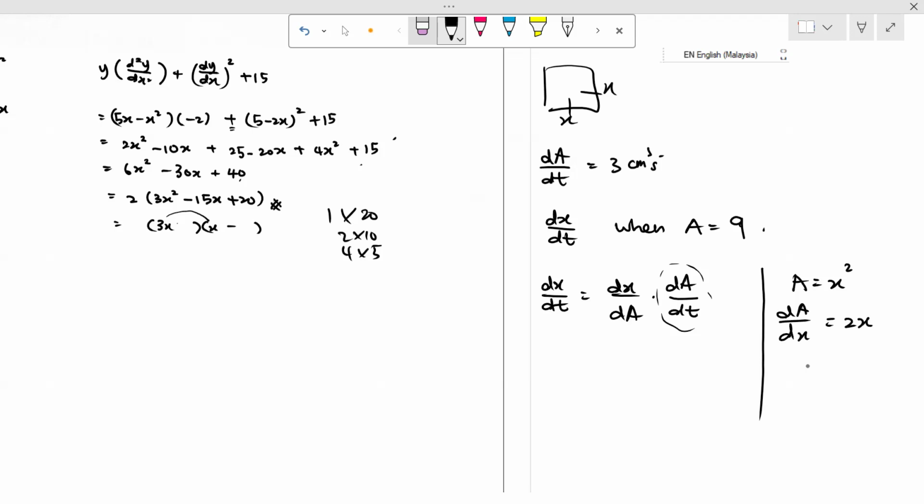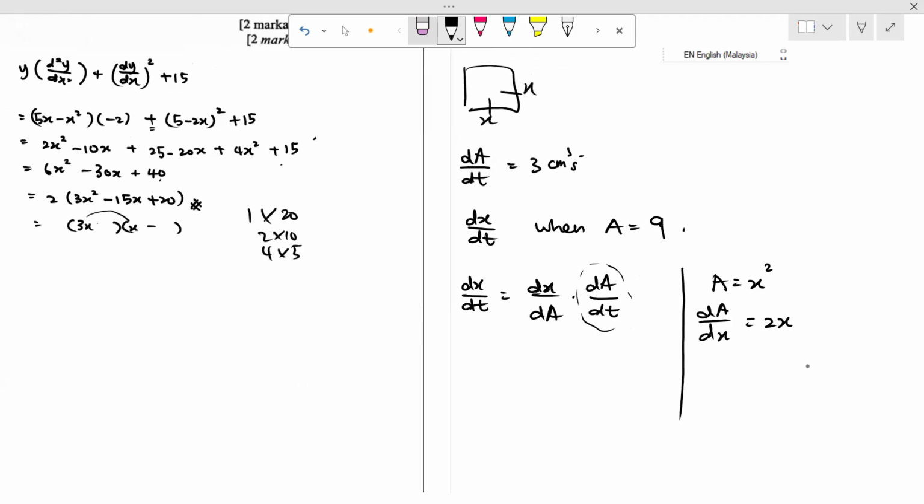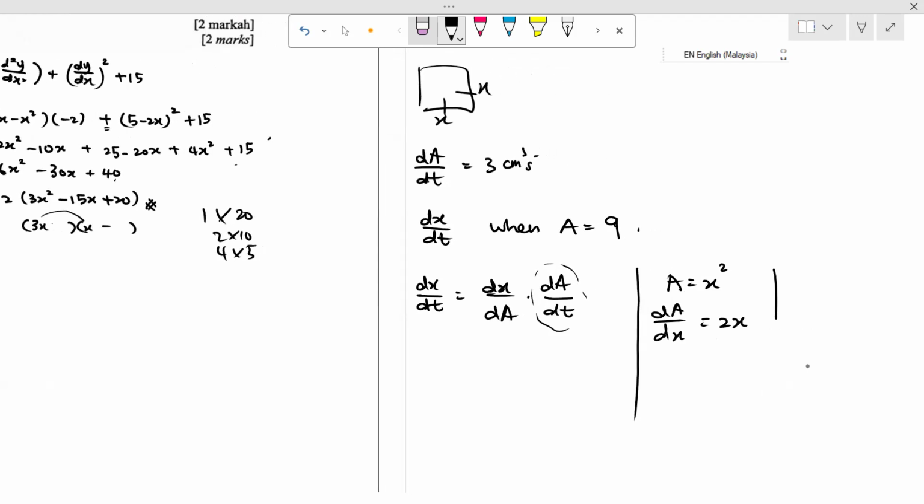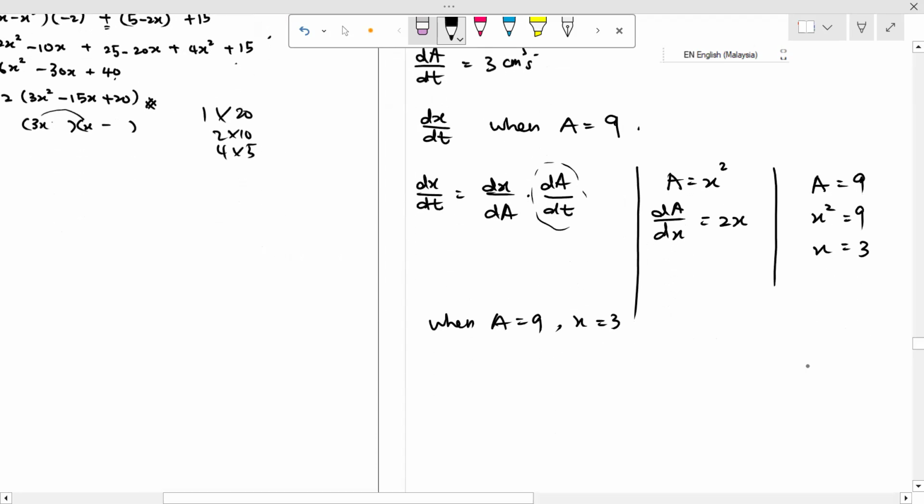But what is the x value? We don't know. However, we do know that A equals 9, so x squared equals 9. x will be 3, which means when A equals 9, x equals 3.